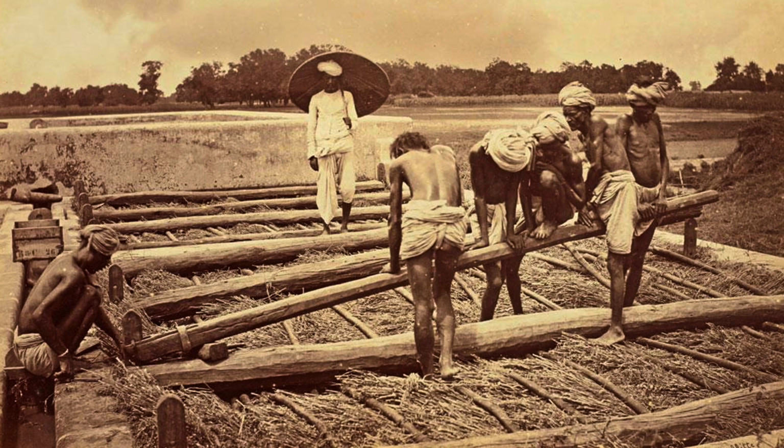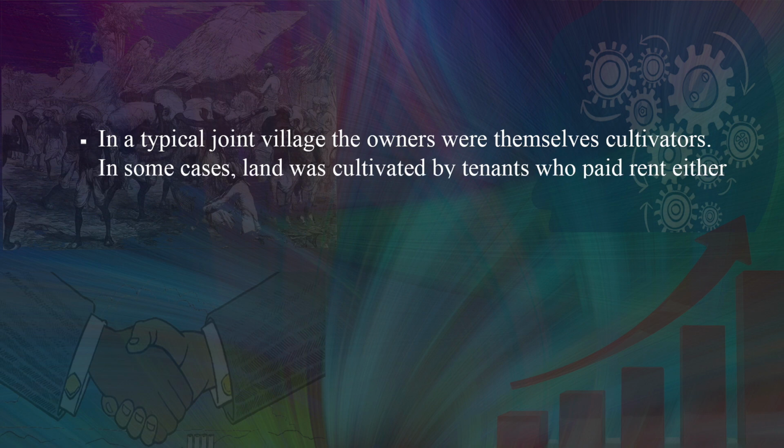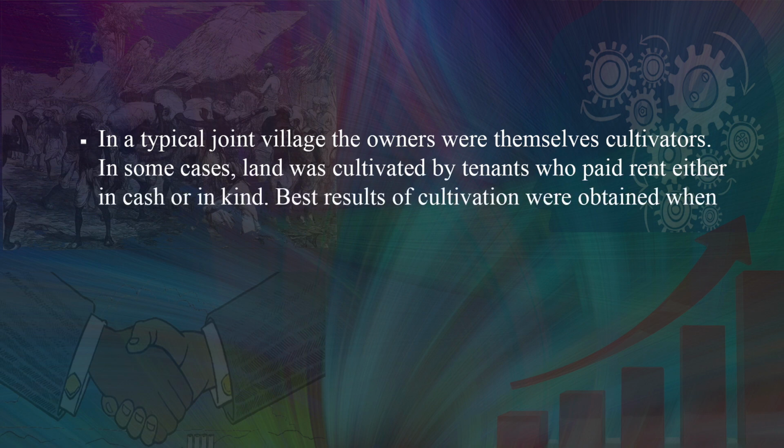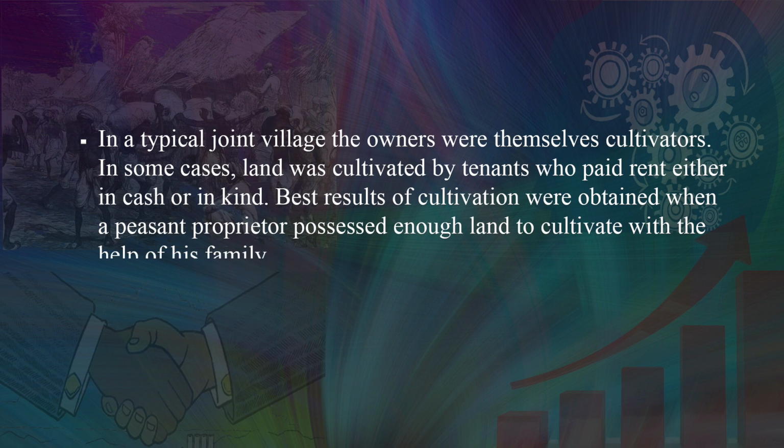It was a kind of joint landlordism and distinguished from individual landlordism under Jamindari system. In a typical joint village, the owners were themselves cultivators. In some cases, land was cultivated by tenants who paid rent either in cash or in kind.